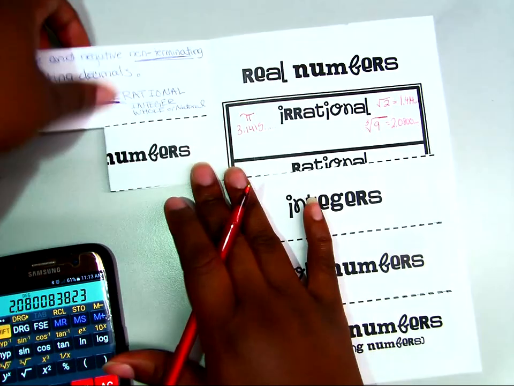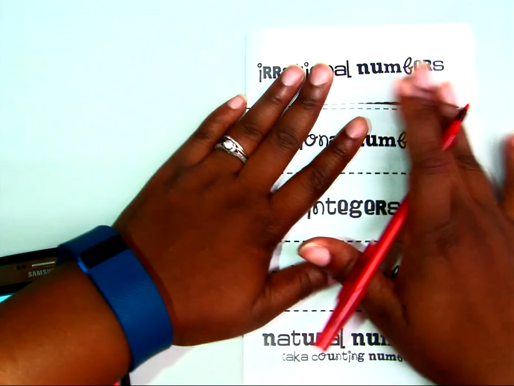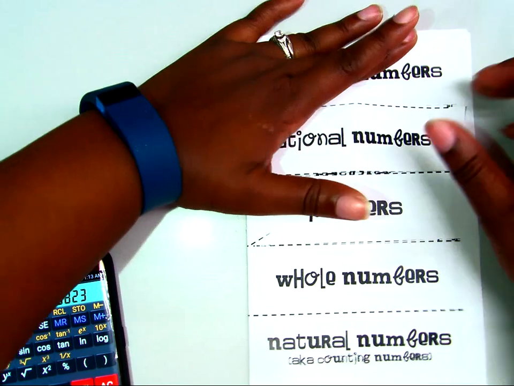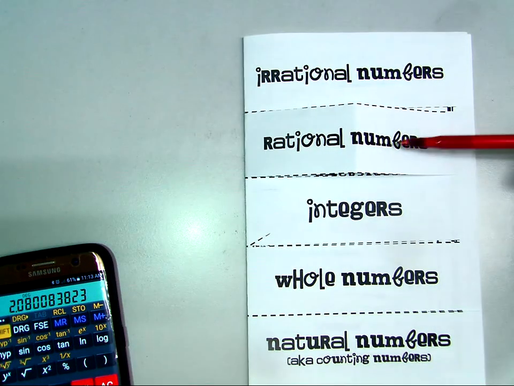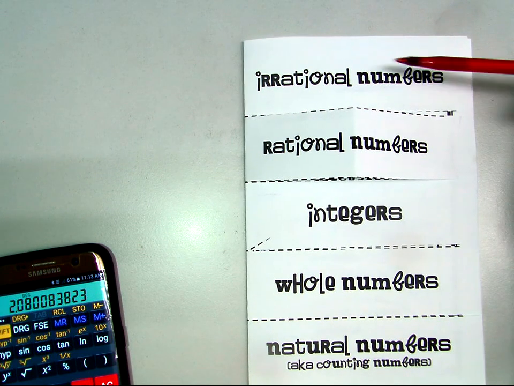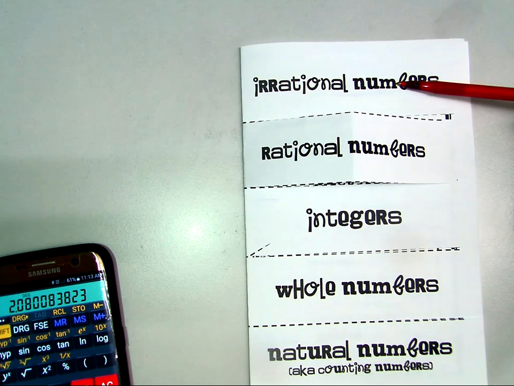All right, irrational numbers are done. These numbers that we're about to talk about now can never be irrational, and an irrational number can never be one of these.